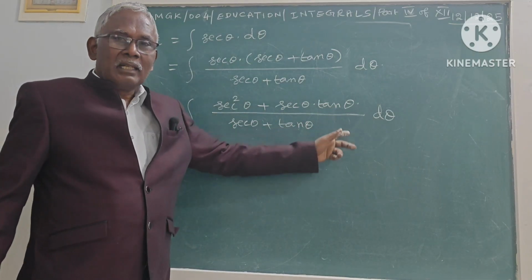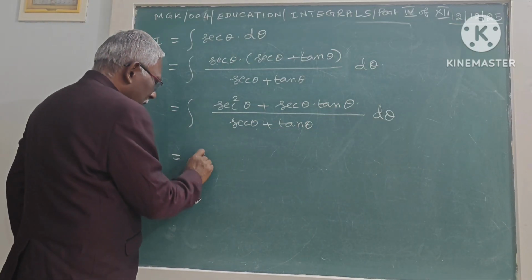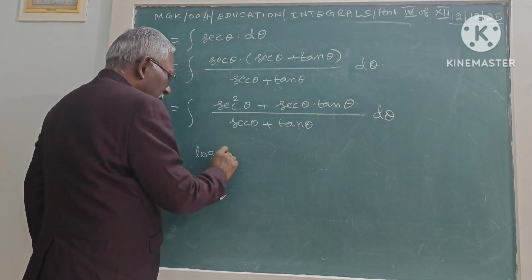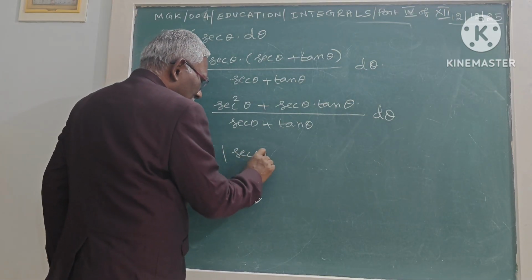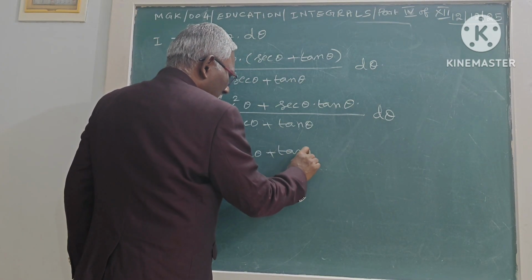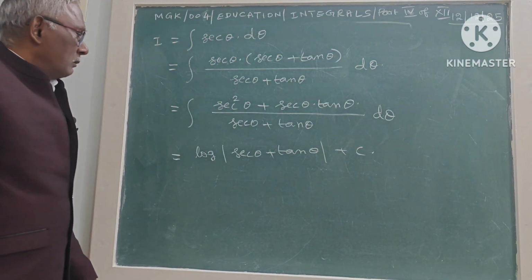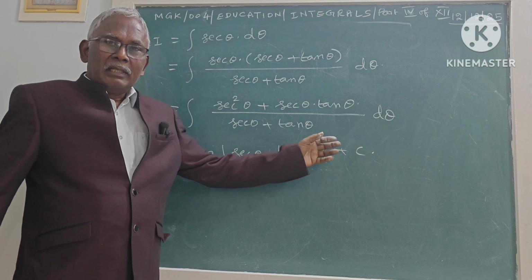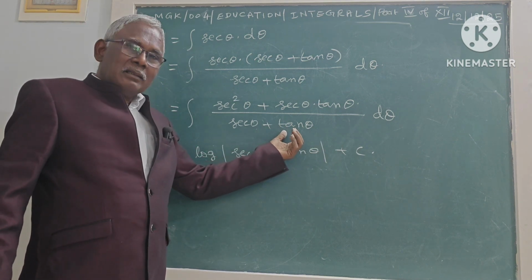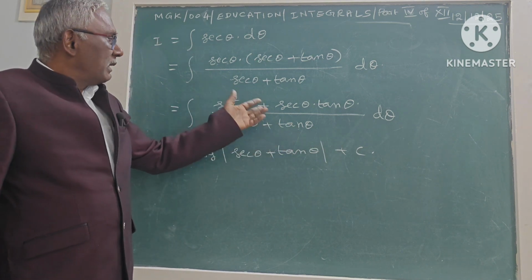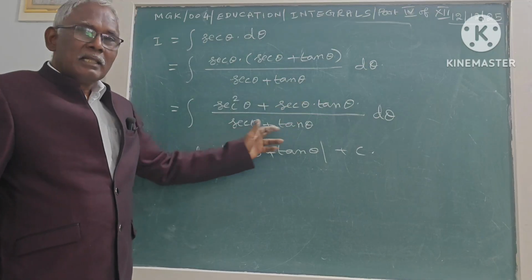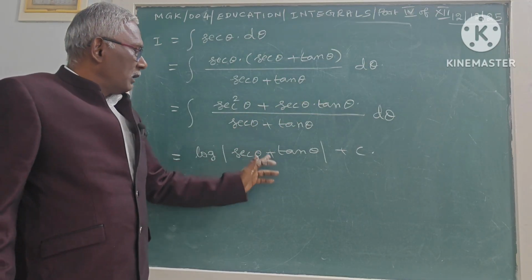The value of this integral is log of the denominator plus constant. So whenever we differentiate the denominator and we get the numerator, the value of the integral will be log of the denominator plus constant.